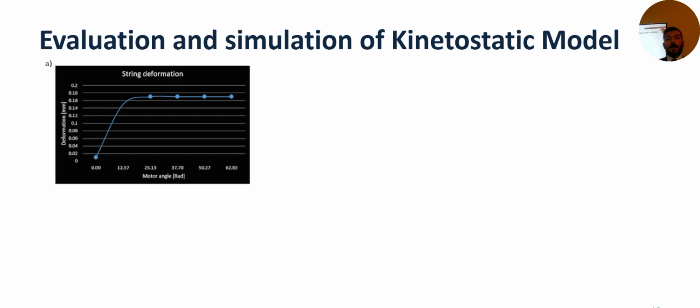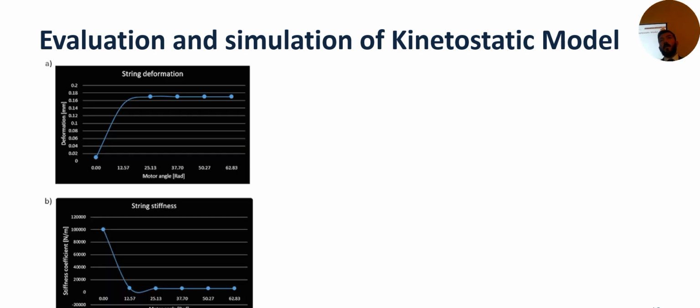So for the evaluation and simulation, we got the graphs for the string deformation and the string stiffness, showing that due to the mechanical properties of Kevlar, after some rotations the deformation and the stiffness remain constant.